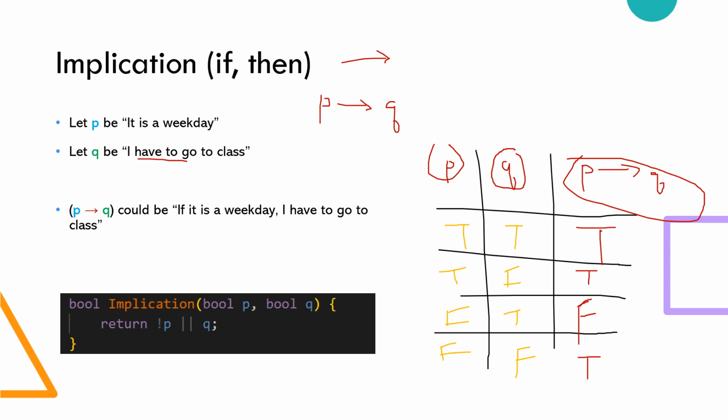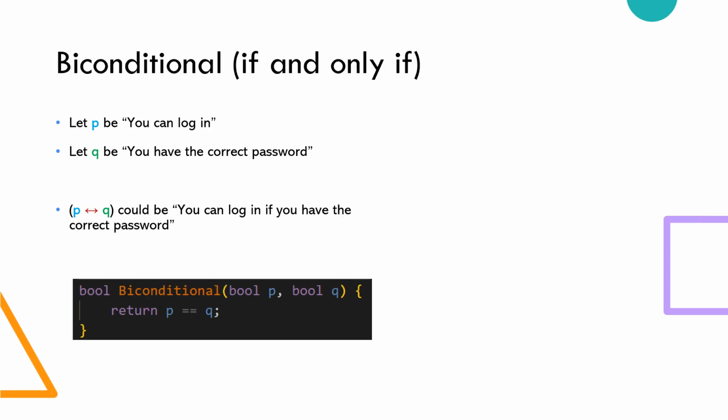Now to our next one, the biconditional. A biconditional is like an implication, but for it to be true, both P and Q should have the same truth values, and it's represented by a two-sided arrow like this. So if I wanted to write P if and only if Q, I'll write it like this.